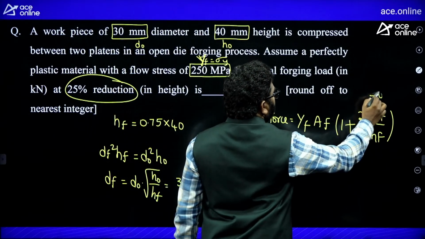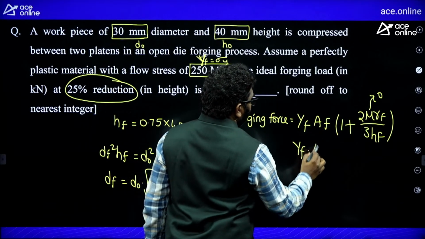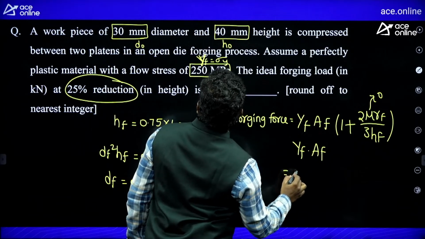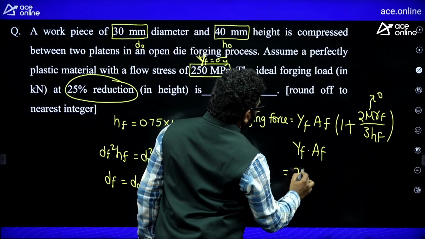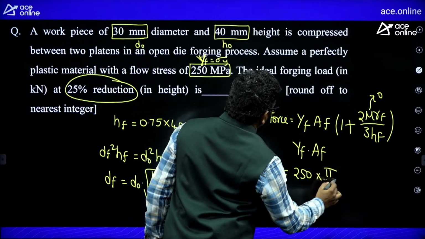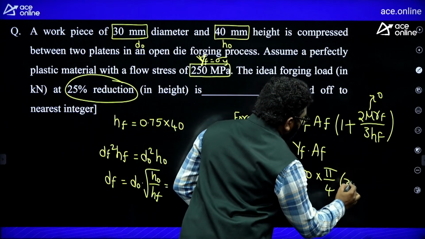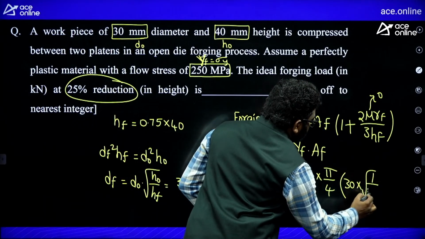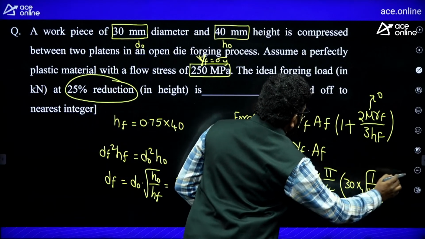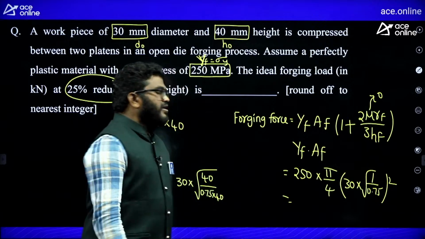So mu equal to 0, that's why I am directly writing YF into AF. So YF is given 250 into AF is pi by 4 d square. This is 30 into under root 1 by 0.75, whole square. By solving this, you will get the answer.